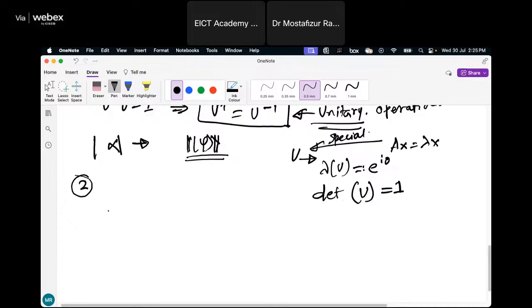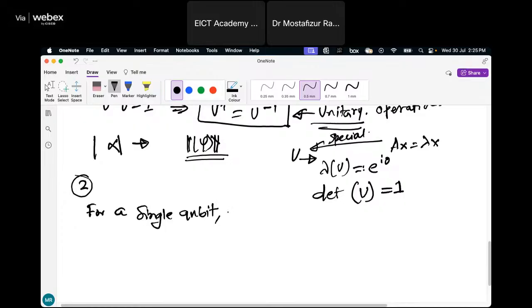Second is, for a single qubit, which means a 2 cross 1 dimension, it is basically represented using ket 0 and ket 1.